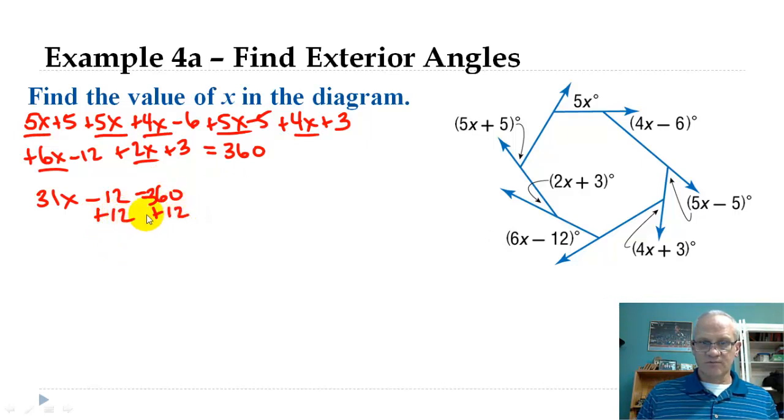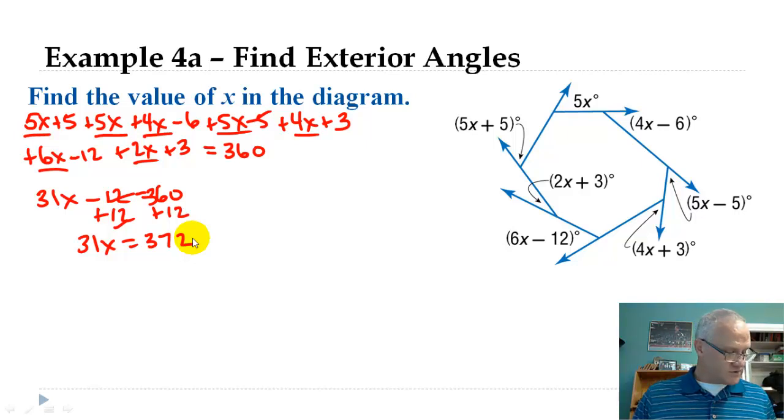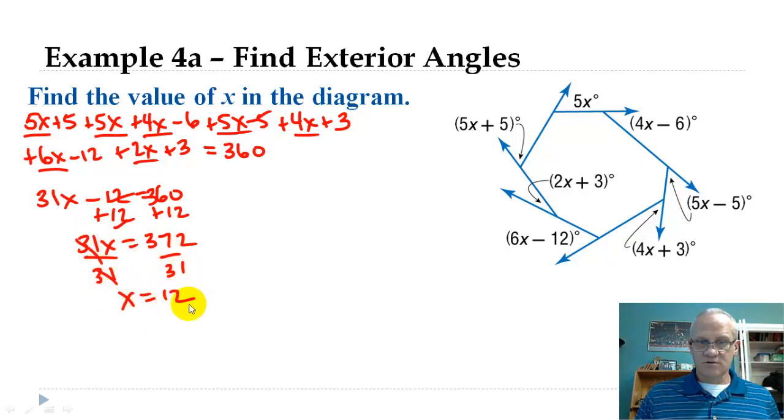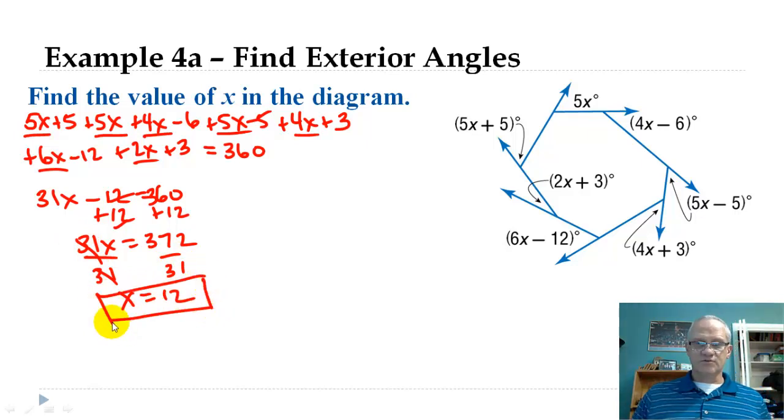Plus 12, 31x equals 372. And then 372 divided by 31 equals 12. So x equals 12.